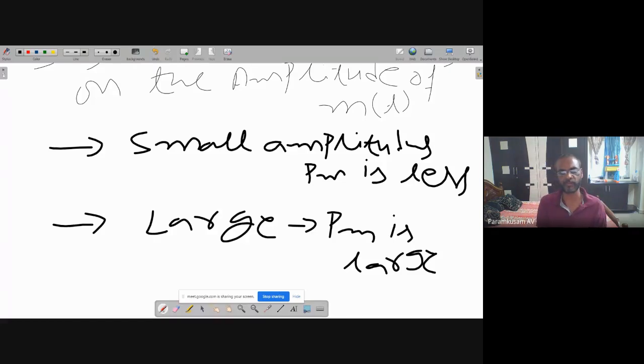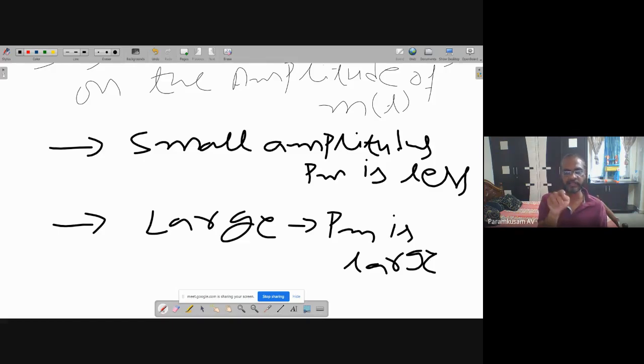This is a very important point, and this is also a disadvantage of uniform quantization. What is the disadvantage of uniform quantization? The signal to noise ratio is not constant. Its value is low at low amplitudes of the signal and high at high amplitudes. Why?